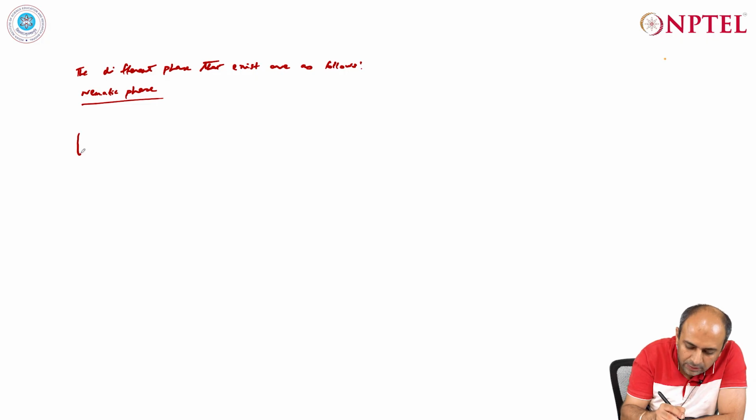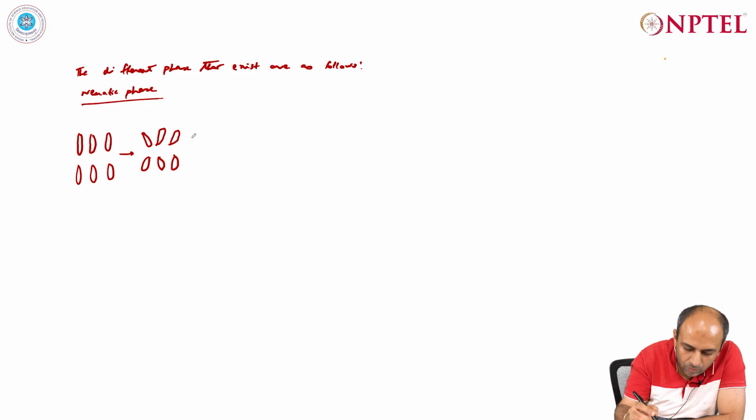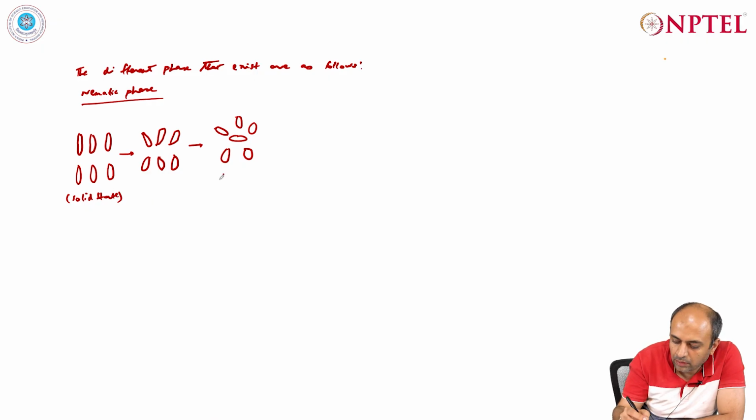To start with, let us take this rod like molecule. This state we can see is the solid state, this is the liquid state, and this is the liquid crystal state.